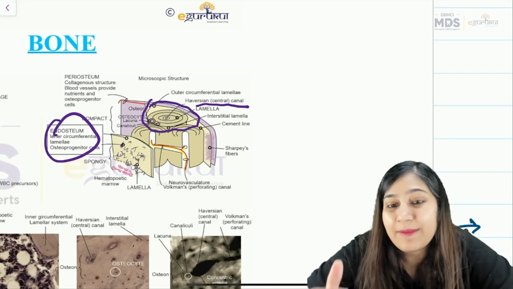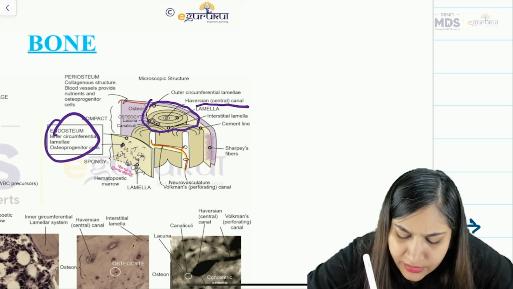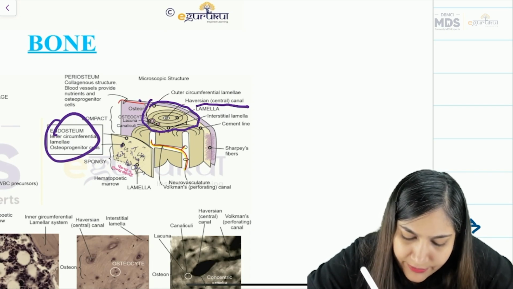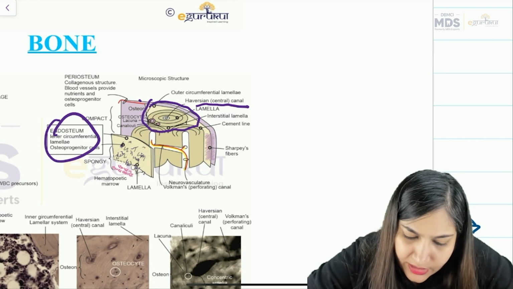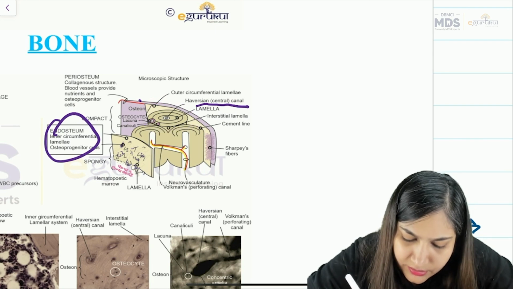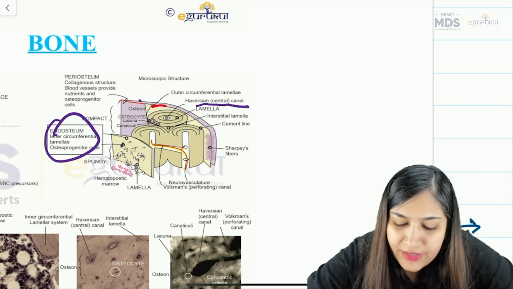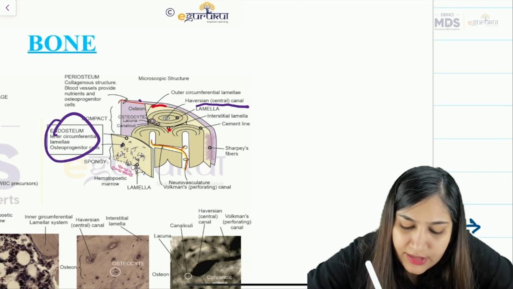These lamellae are named according to the location. Outer circumferential lamellae is present where? Here. This is outer circumferential lamellae.